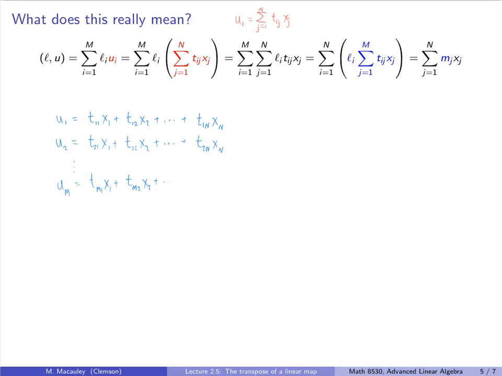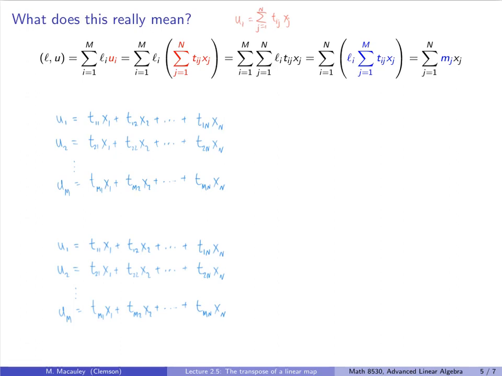I know it's tedious to do this, but I think it's worth it, and I think you'll agree with me when we finish this. tmn xn. Okay, so now I'm going to pause to copy paste this, and you'll see why shortly. Okay, and voila, like magic.